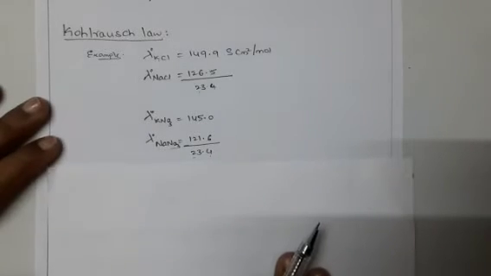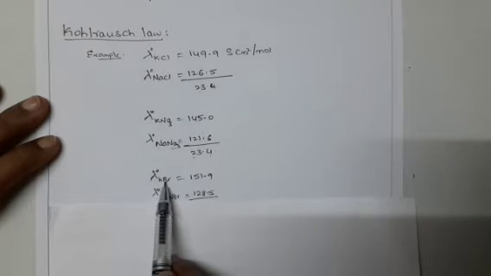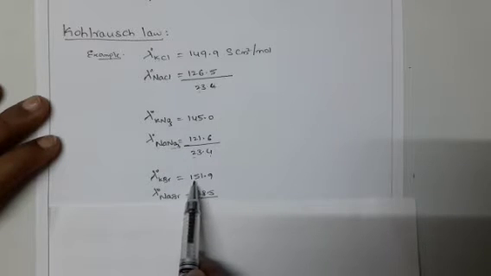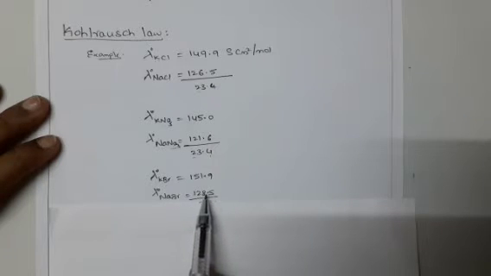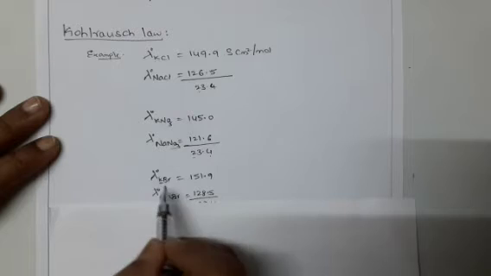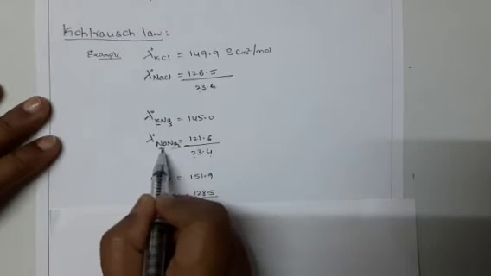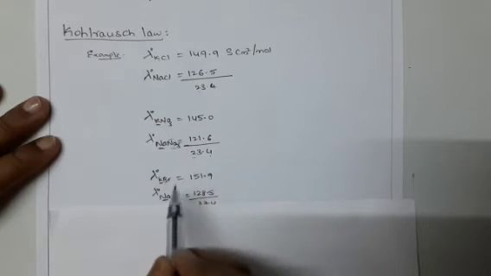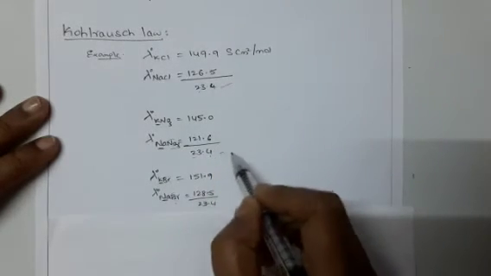Another example he took is KBr. Here also he is changing the anion; instead of NO3, he is taking Br. He got 151.9 for KBr and 128.5 for NaBr. So the cations he kept the same and only changed the anions, but the difference he got is the same everywhere.